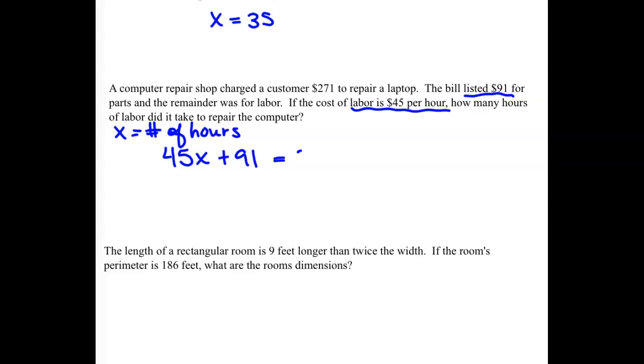And our total bill was $271. Okay, so we have the labor plus the parts to equal the total. Subtracting 91 would leave us with 180, and then when we divide, we get x being 4. So to answer the question, how many hours did it take to repair the computer? We have 4 hours.